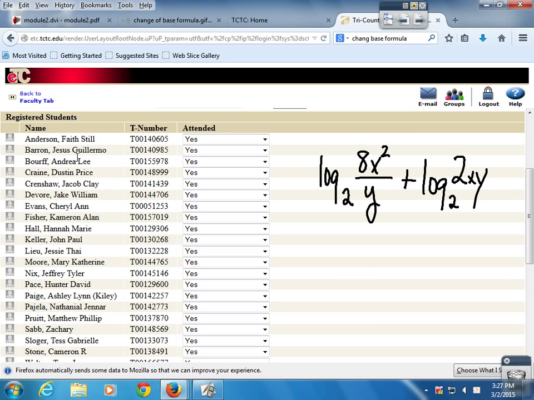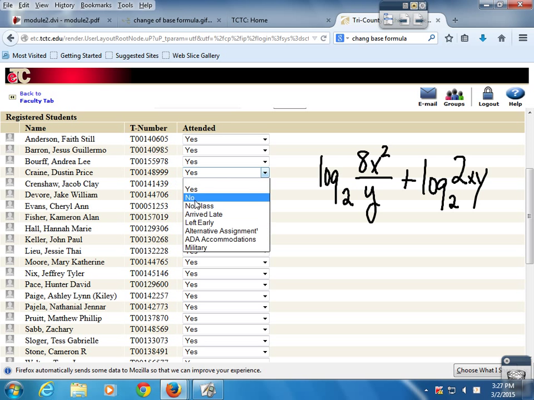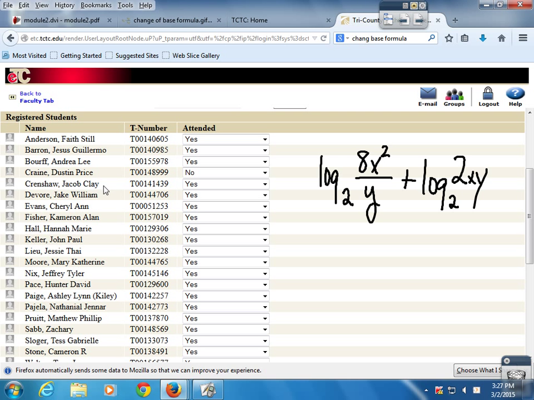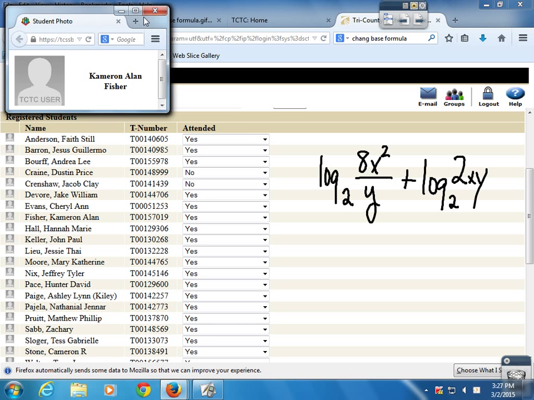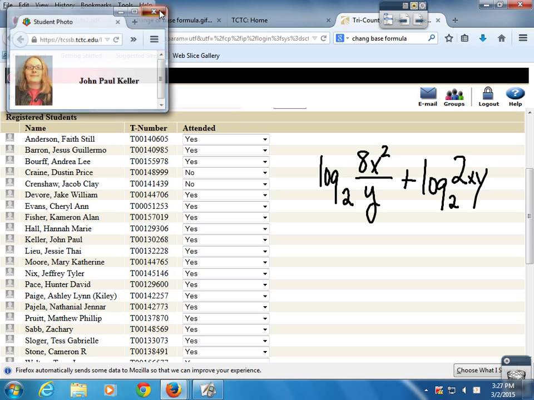Barron, you here? Orr is here. Crane. No Crane. Crenshaw. No Crenshaw. DeVore. Evans is here. Fisher. Hall. No Hall. Come on, please.